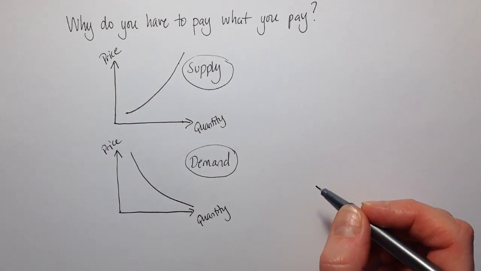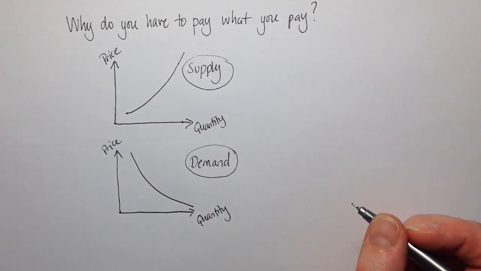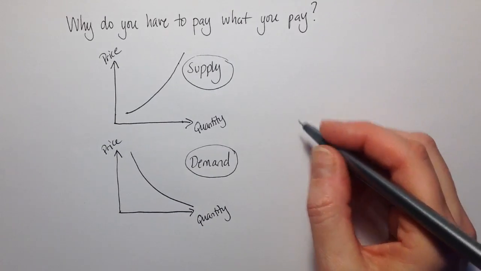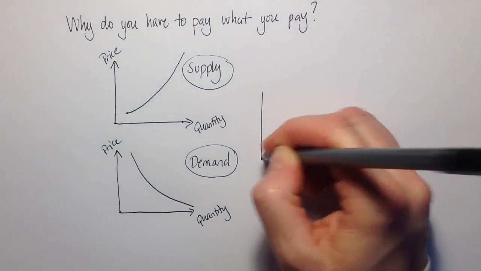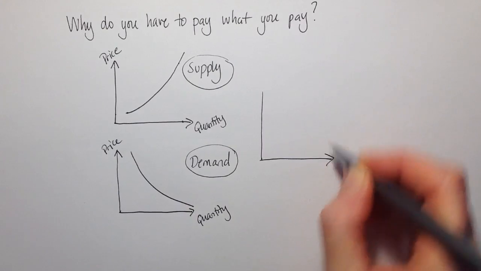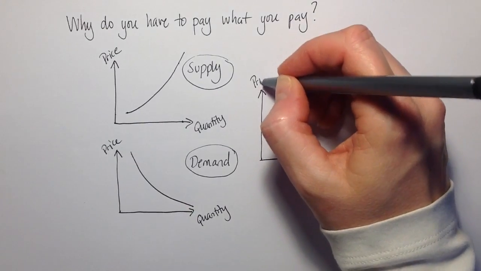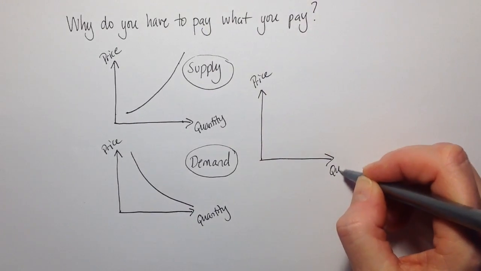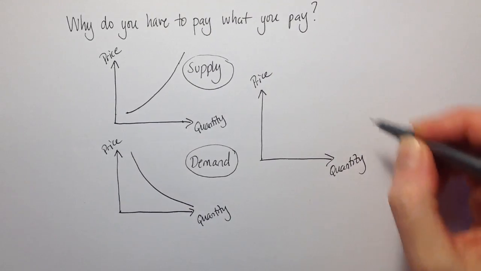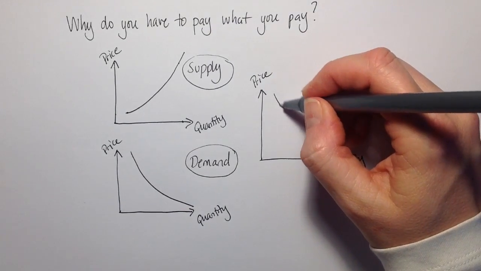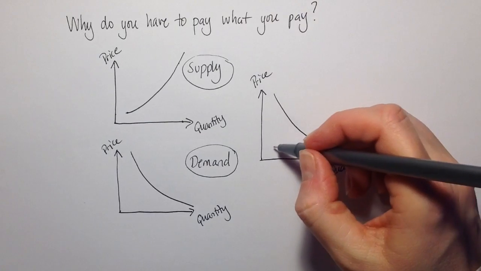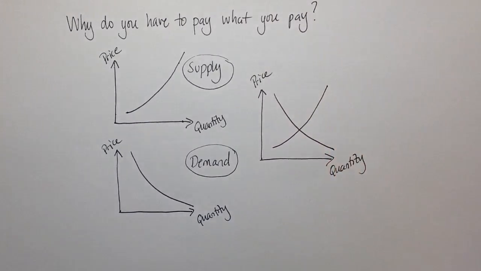We still have not answered the question, why do you have to pay what you pay for the strawberries? If we add both these graphs now, we still have the price here, we have the quantity over here, we put our demand graph and our supply graph.